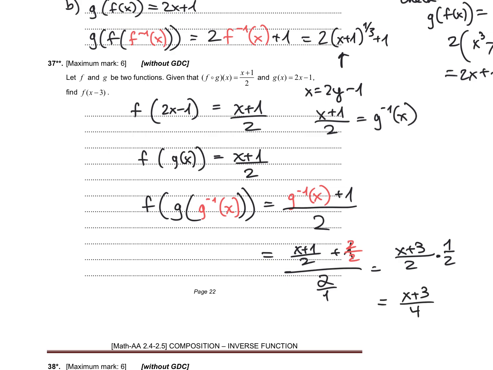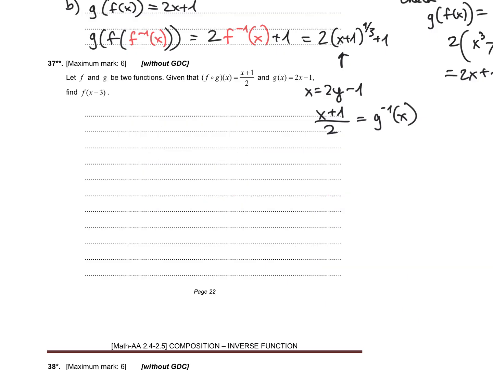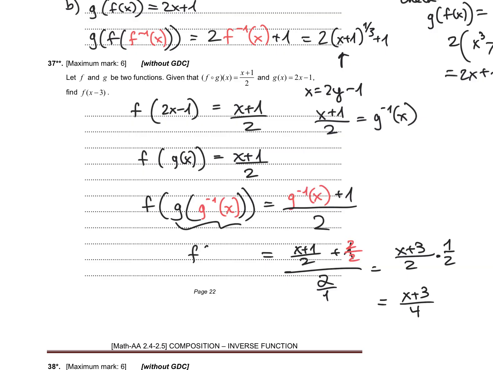This should be f at x, because remember, if we do this, that's just x. Okay, so if we want f at x minus 3, we can do x minus 3 plus 3 over 4 into this thing. So that's just going to be x over 4.